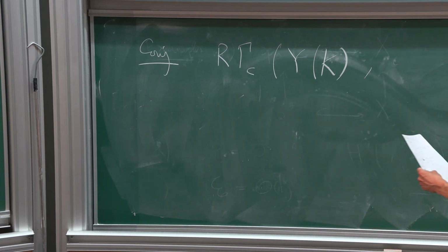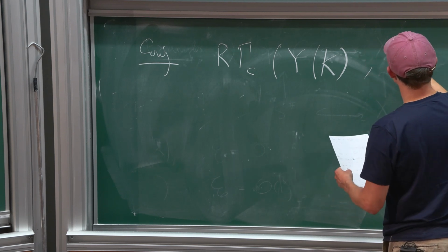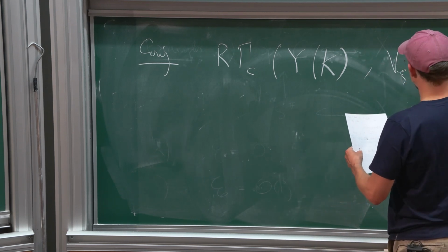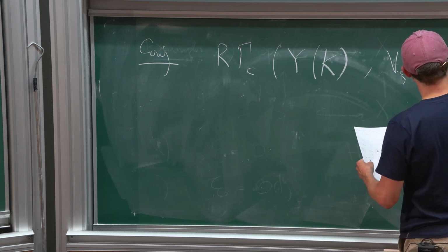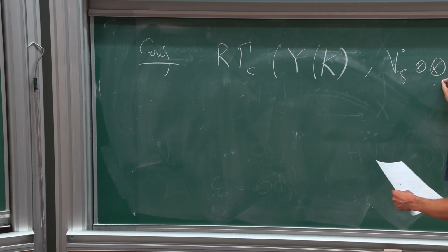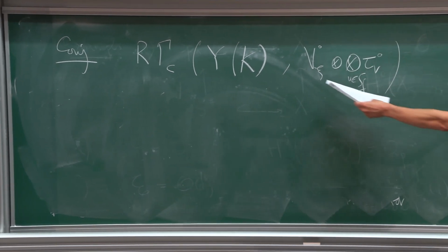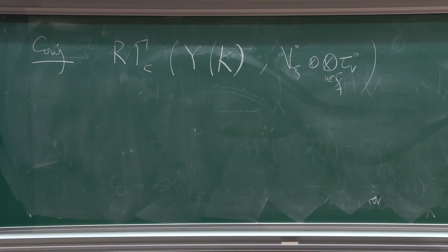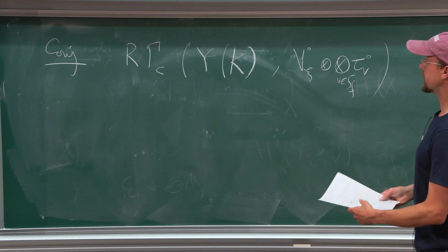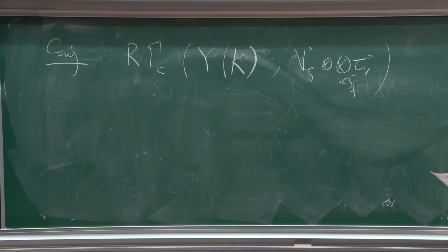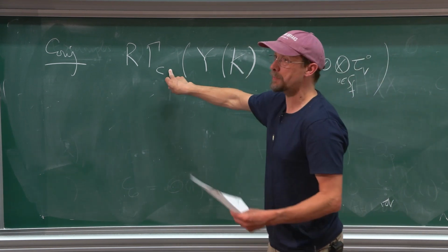And I'm going to take coefficients in a local system that comes from, I can make a local system coming out of the weight and out of all these types. And so that's the kind of thing you might want to compute. It's the cohomology of a Shimura variety, and this C means compactly supported.